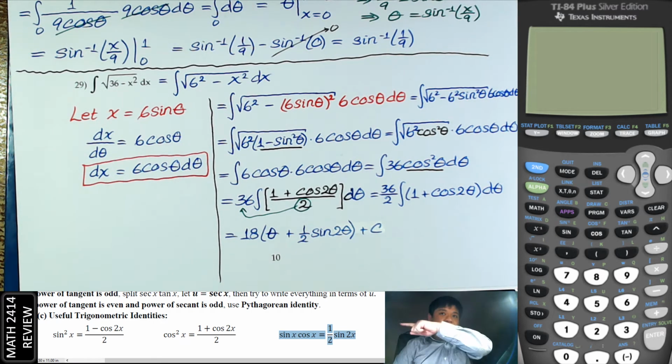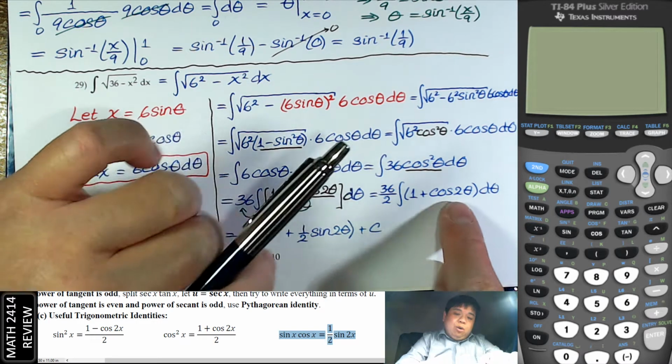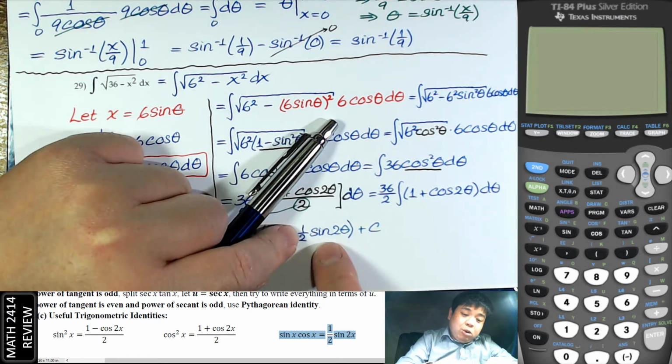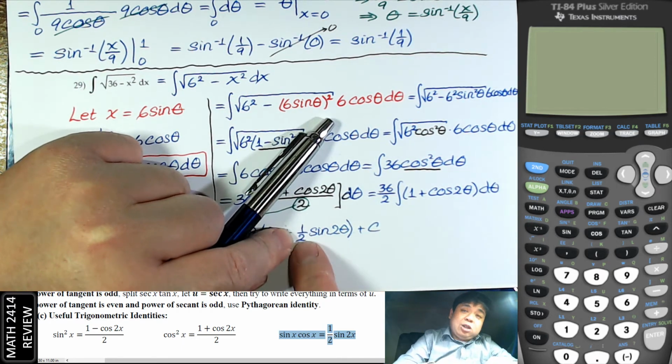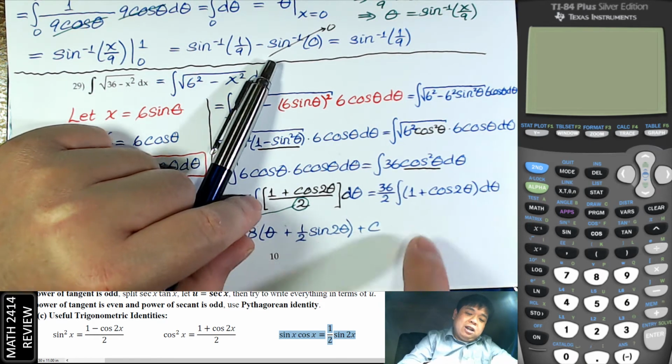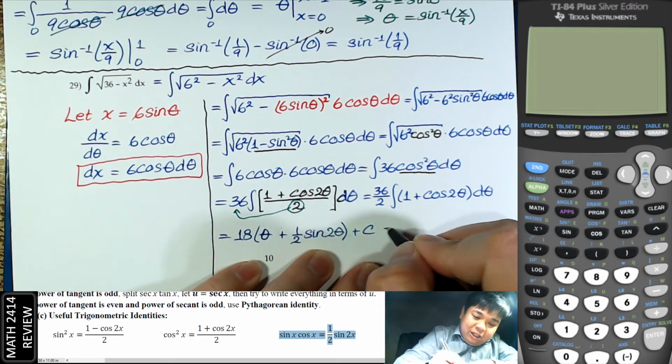The formula is over there. Integral of cosine is positive sine, and there's a 2, so that's why we have to divide by 2, so that 1/2 of sine 2 theta is equal to sine times cosine.